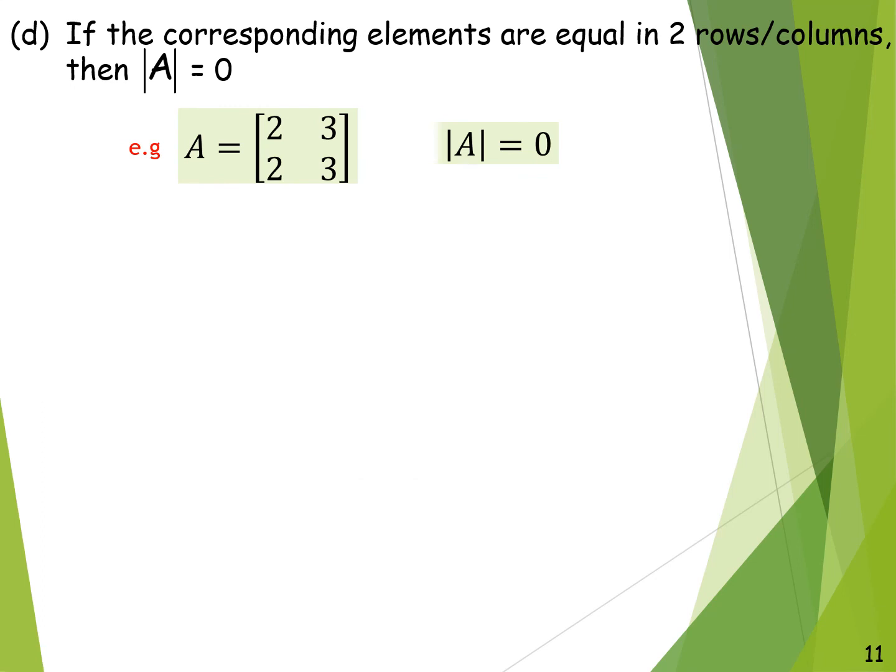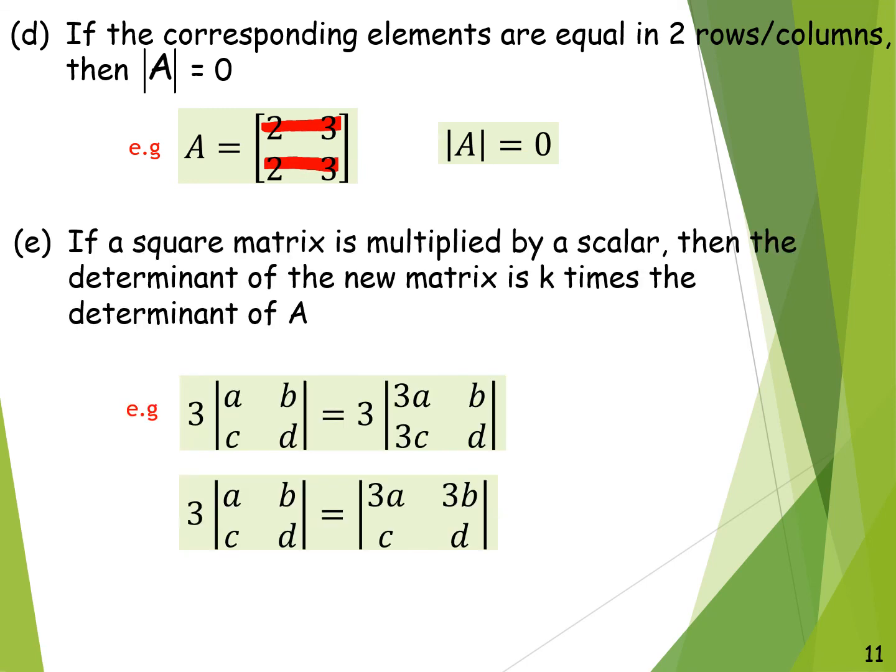D. If the corresponding elements are equal in two rows or columns, then determinant A is equal to 0. For example, in matrix A, the first and the second rows are identical, 2, 3 and 2, 3. So determinant A is equal to 0.